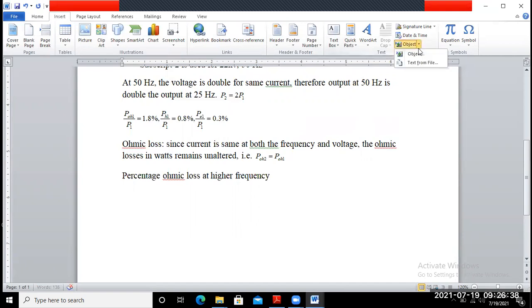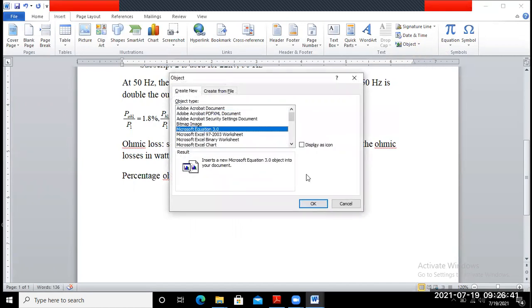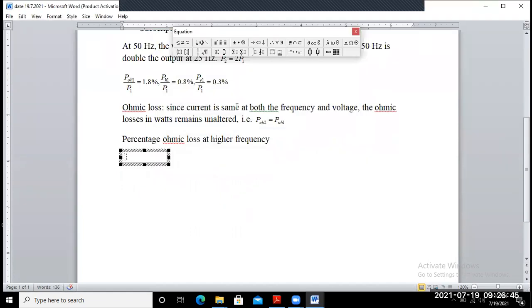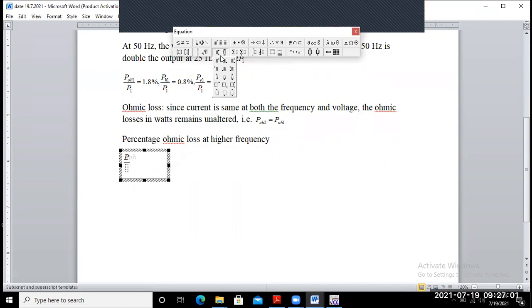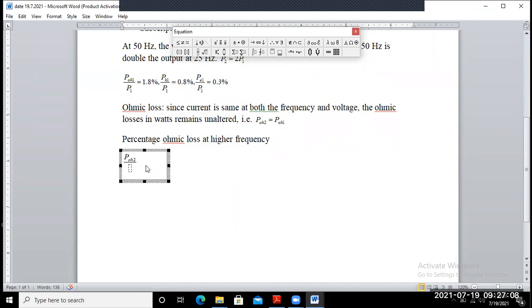Now P2 is 2 times P1, and POH2 equal to POH1. So just put in this value.